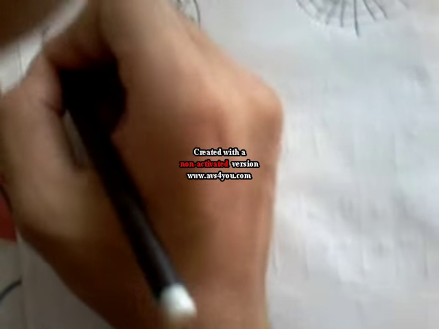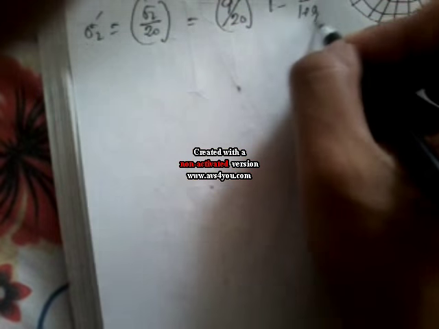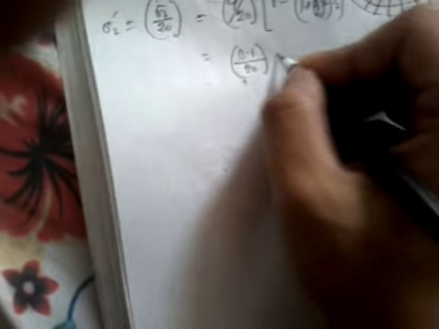So taking each sector, this will be q by 20 and this will be sigma z by 20 for each sector. The sigma z value will be 1 minus 1 by (1 plus a by z)² to the power 3 by 2. By putting the value a by z equal to 0.27, we get 0.1 by 20 into q.